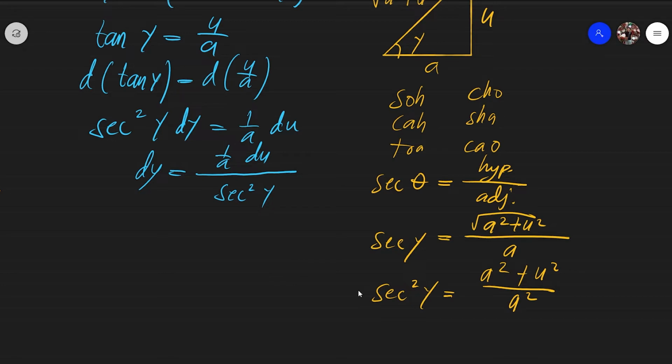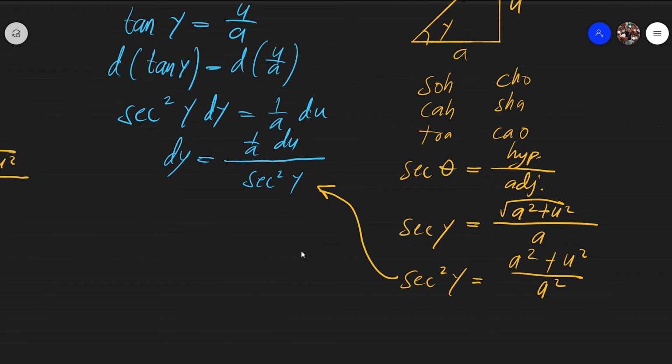If we substitute the value for secant squared y, your dy therefore will be equal to 1 over a du all over a squared plus u squared all over a squared.